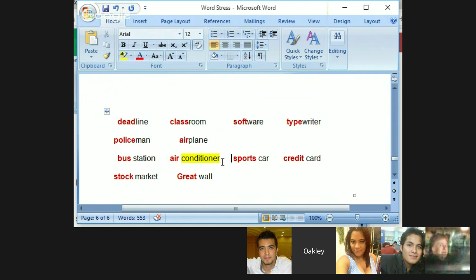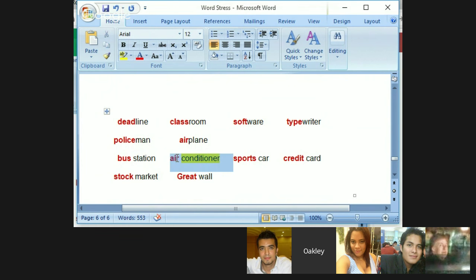How do you pronounce it? Conditioner. Right, conditioner. Remember our I-O-N? So one syllable in front, dish, that part gets stressed. Conditioner. Very good. What happens when we now combine it to form a compound?